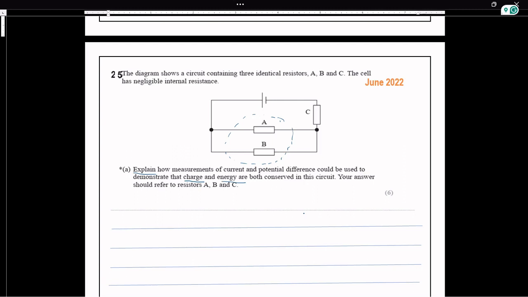We know that current is the rate of flow of charge. This is the definition we study for the current. Current is dq over dt, the rate of flow of charge.